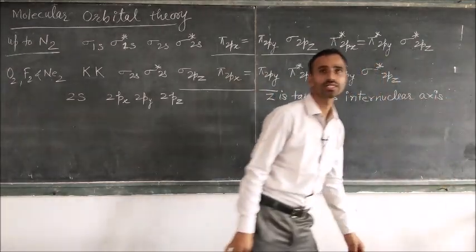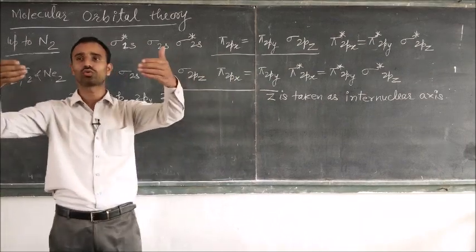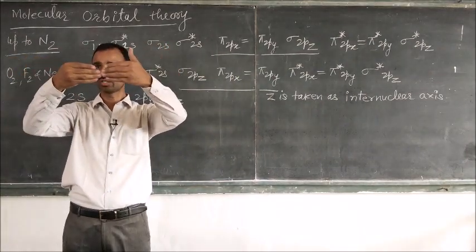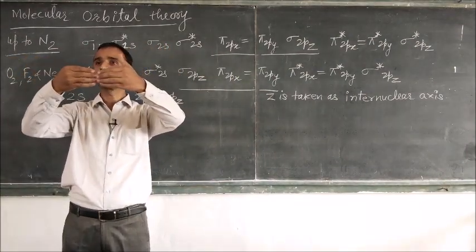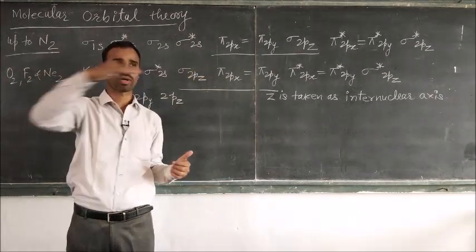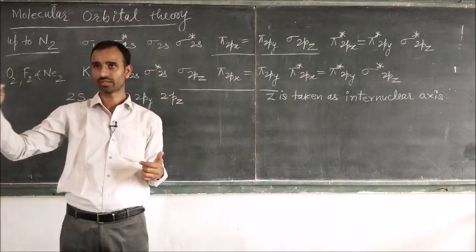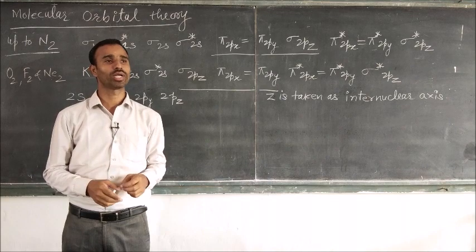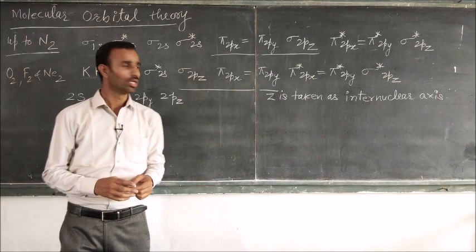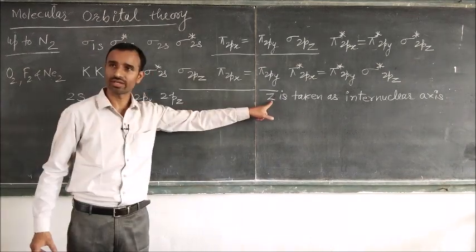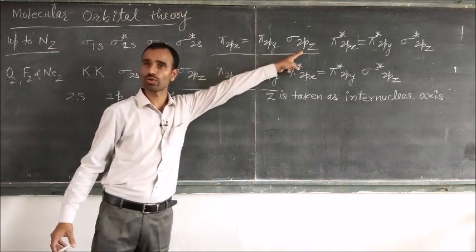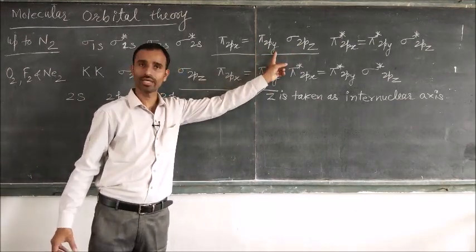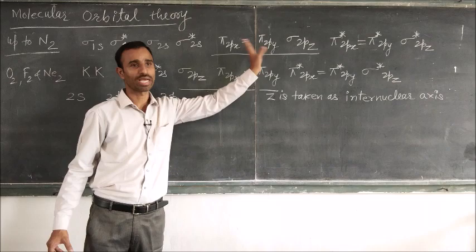What is the internuclear axis? When two atoms combine, two atomic orbitals combine, and the line which passes through the nuclei is called the internuclear axis. So the internuclear axis is taken as Z. That's why Z forms sigma bonds and X and Y form pi bonds.